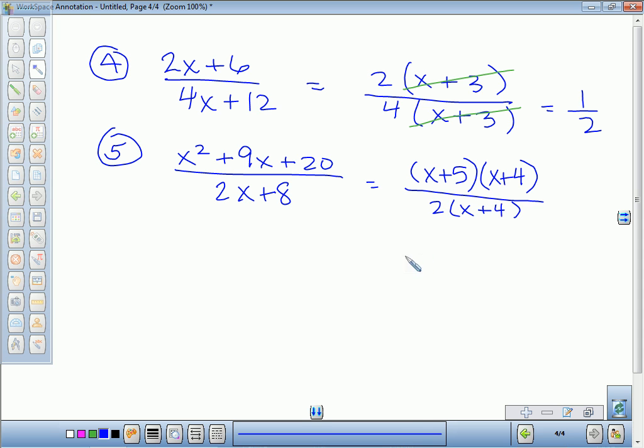Now, we can cancel. And in this case, they both have an x plus 4 in common. So we get x plus 5 over 2.